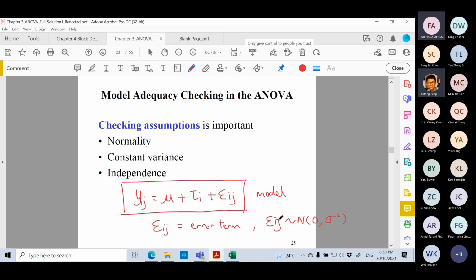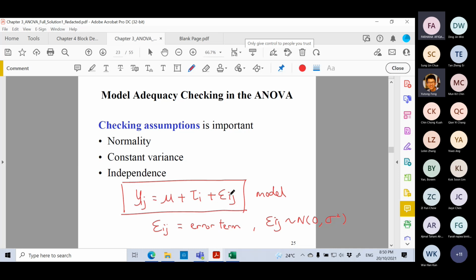But when we run our analysis, this is a true error which we do not know. Therefore, we need to calculate the error from the sample. The error from the sample is called the residual.